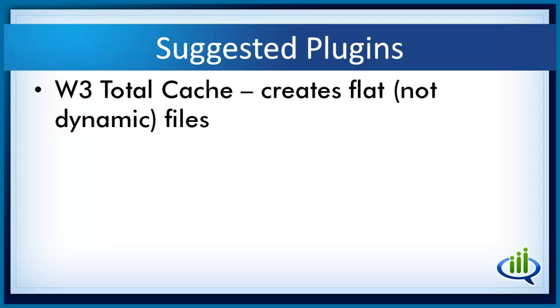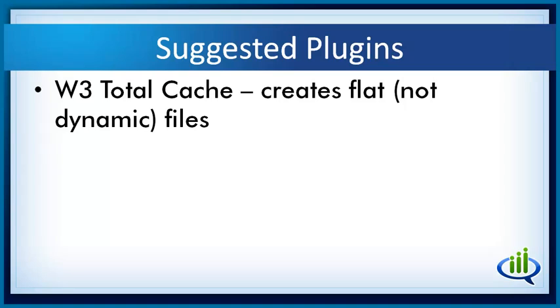W3 Total Cache. This enables you to create flat, not dynamic files. So one thing that WordPress does is that every page is built when someone asks for it. That's great in that if you make a change to an ad or make a change to how you want your site to appear, it will instantly appear for the very next person that comes in and uses it.